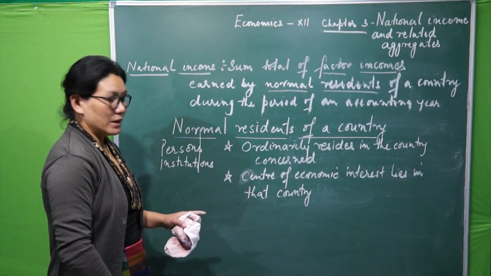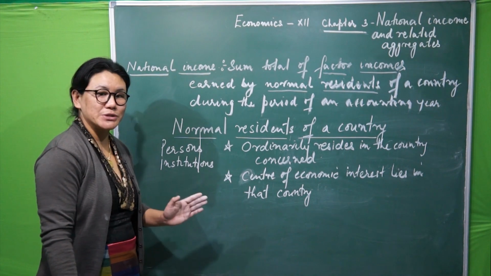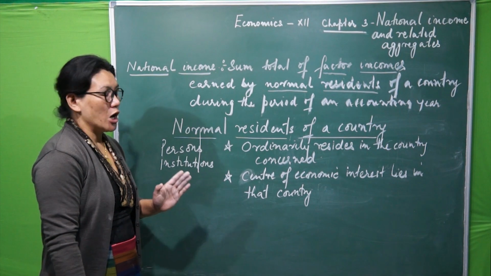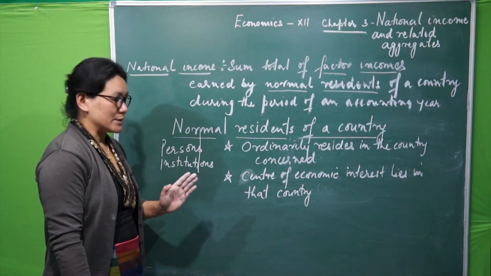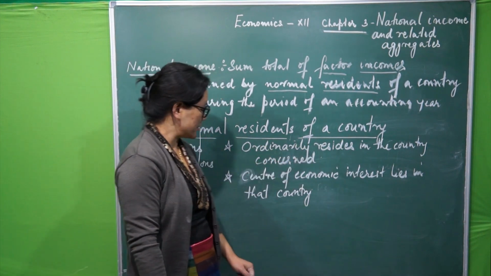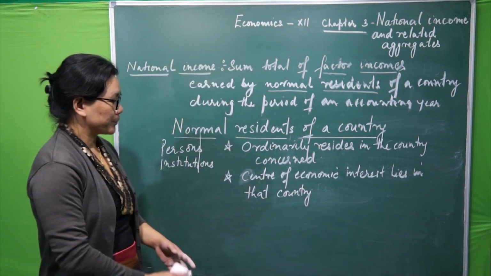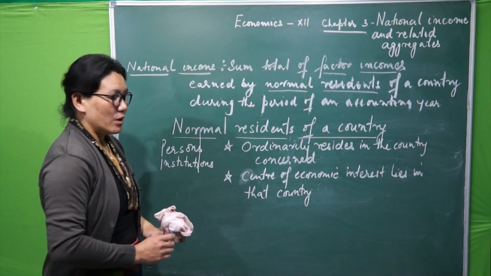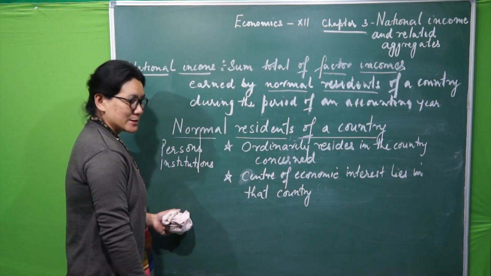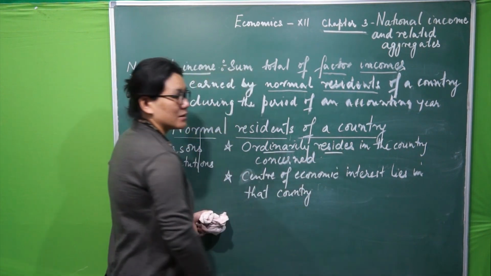Now see here the meaning. Normal residents of a country are those persons or institutions who ordinarily reside in the country concerned and whose center of economic interest lies in that country. Now we will see these two conditions in detail. What do you mean by ordinarily residing in the country?